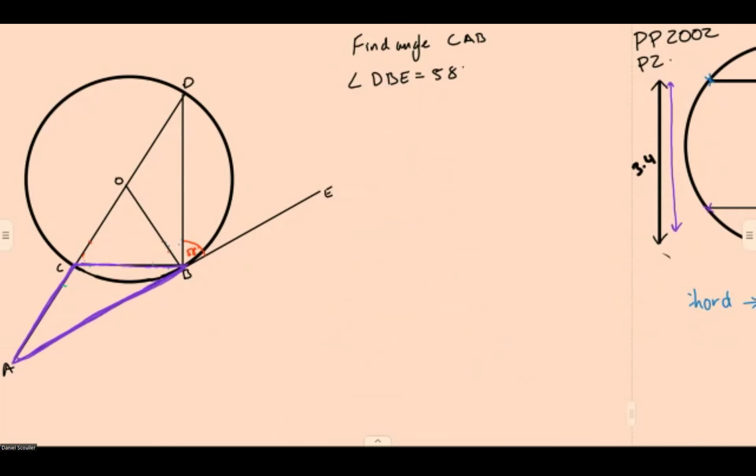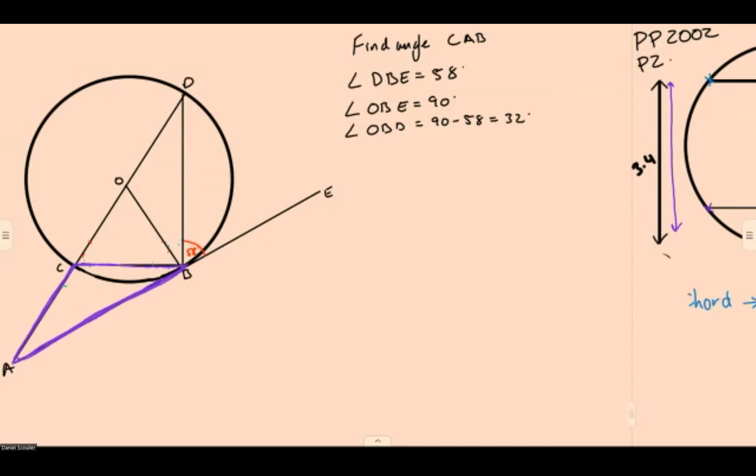The first angle that I'm going to find will be, because I know angle OBE is equal to 90, which gives me OBD is 90 minus 58, which is equal to 32. So same start as last time.